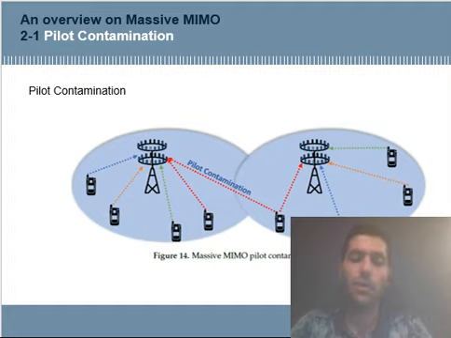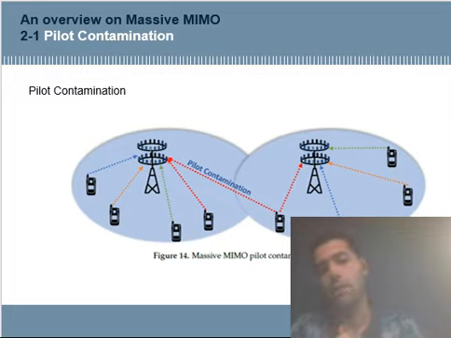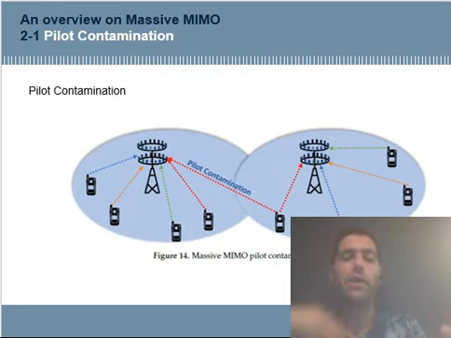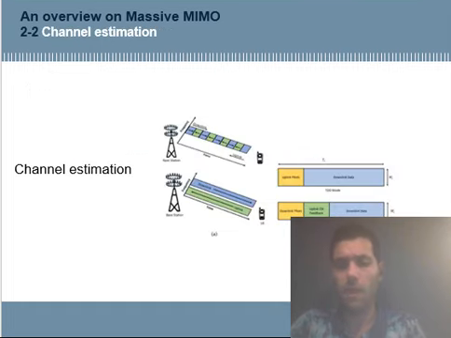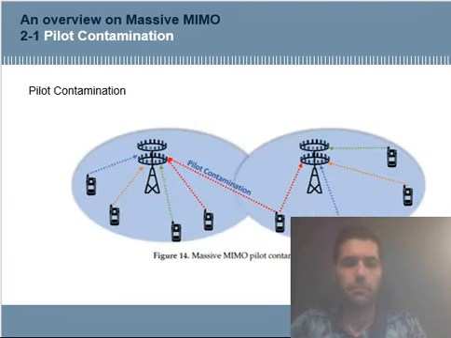The same set of orthogonal pilots used in neighboring cells will interfere with each other, and the base station will receive a linear combination of channel responses from the home cell and the neighboring cells. The phenomenon is known as pilot contamination, and it limits achievable throughput.